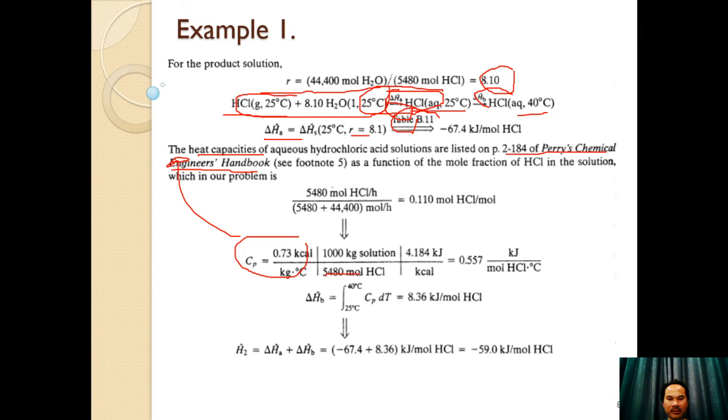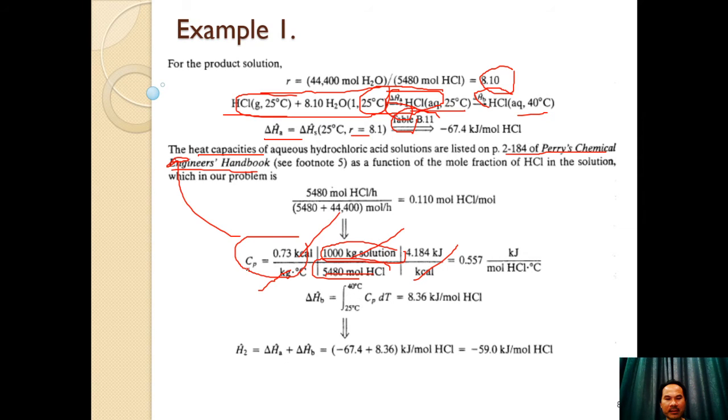For this case, then you get the kilojoule, something like this. This is the total solution. This is the mole HCl because this is the solution, kilogram solution. Kilocal is kilojoule per mole HCl per degree Celsius.